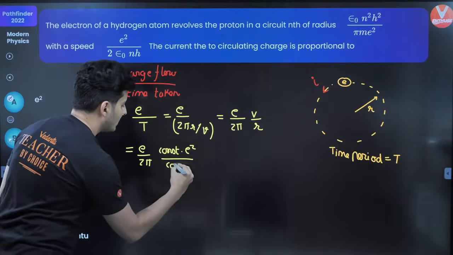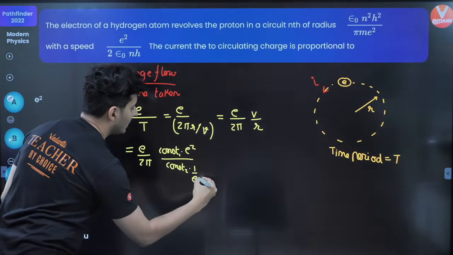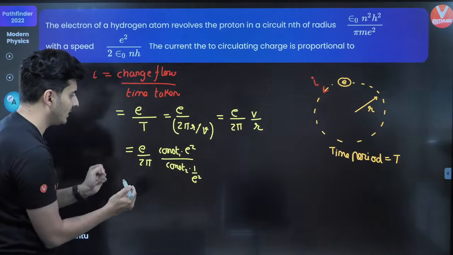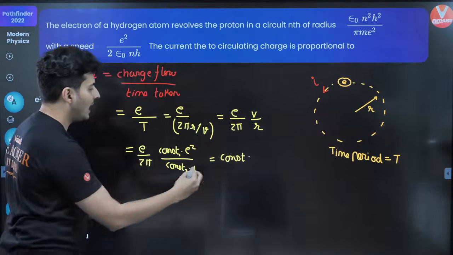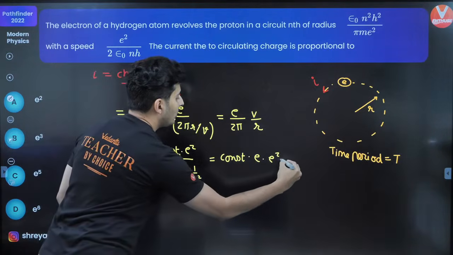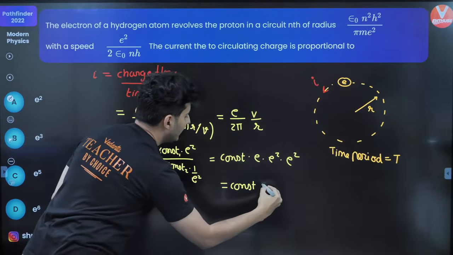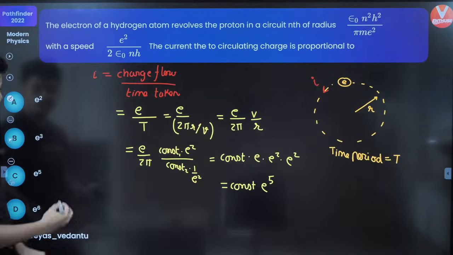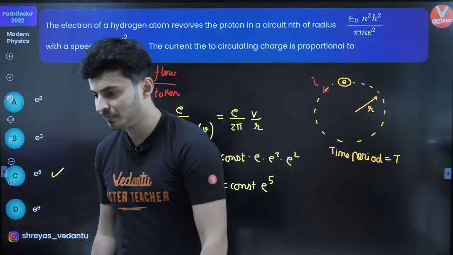So it's just another constant divided by e square. All these constants will finally become another constant, and you will have e into e square, which is nothing but constant into e raised to 5. So basically the current is proportional to e raised to 5, which is option C, I believe.